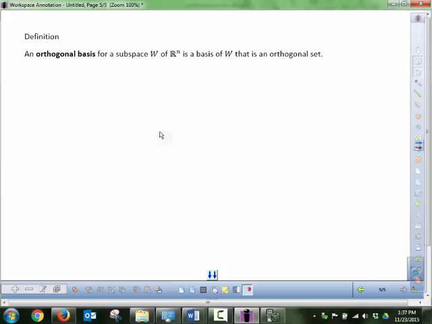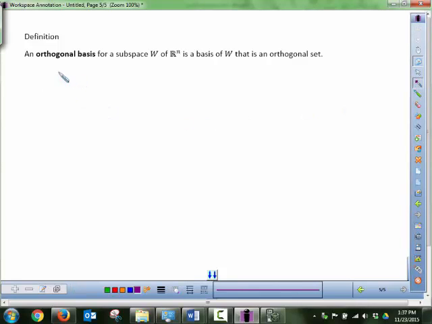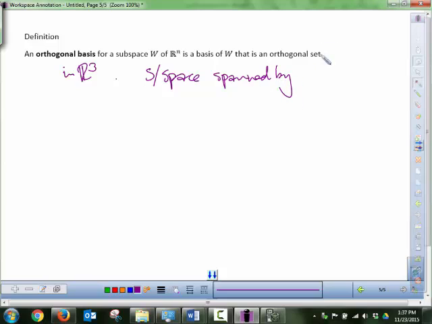Let's say we're in R3, and I have 2 vectors in R3. So, a subspace spanned by 2 vectors in R3. Give me 2 vectors in R3. And another one.